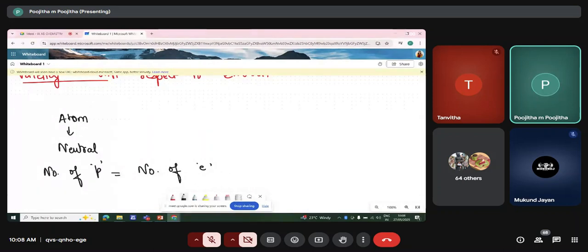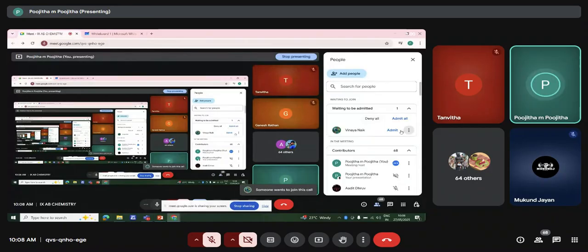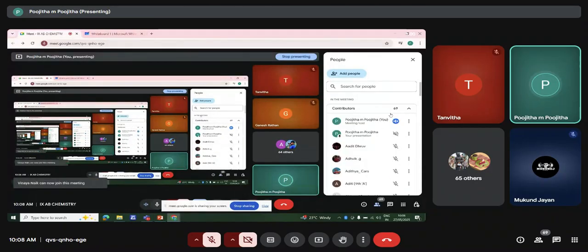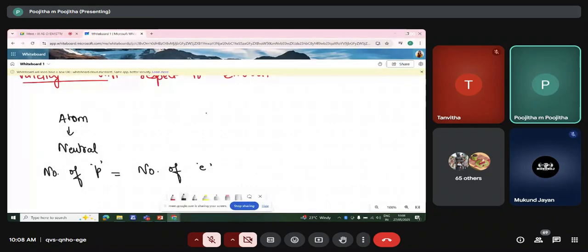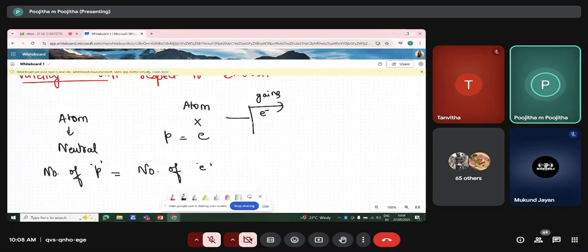Okay, so let us see what happens if an atom loses or gains electron. I'm taking it as, let the atom be X. If an atom is neutral, P is equal to E. What happens if an atom gains electron?